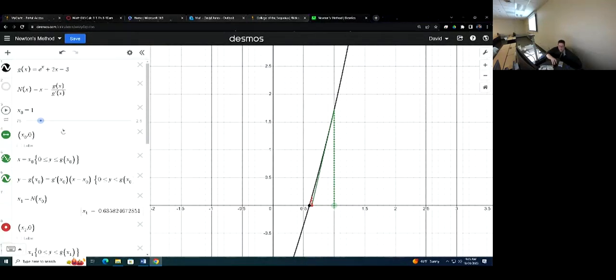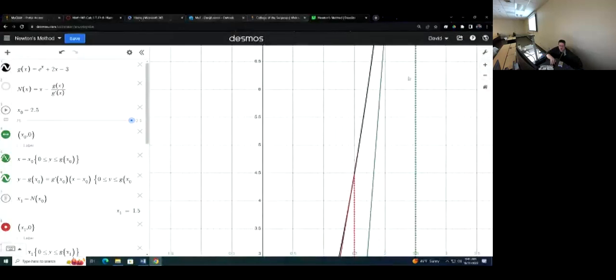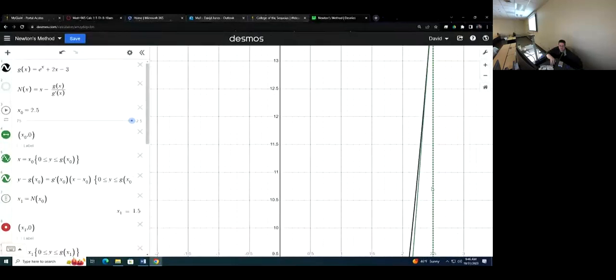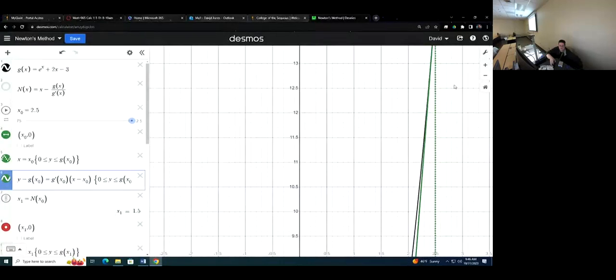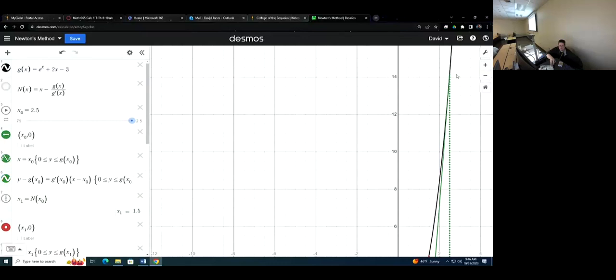So depending on how close your estimate is, it shows how many times you might have to do this. If we do something like x sub 0 is 2.5, our f of x value is, don't scroll up, just work smarter, 14.